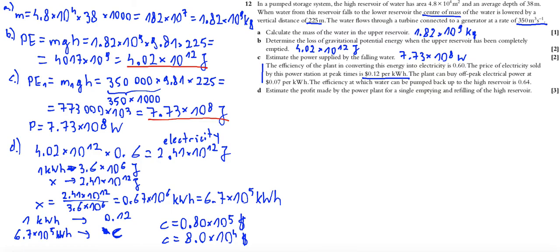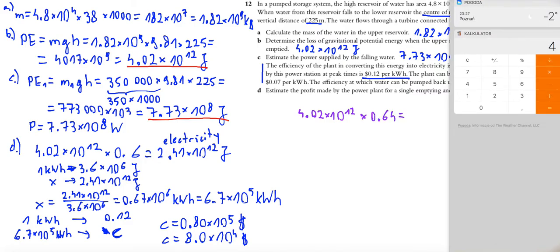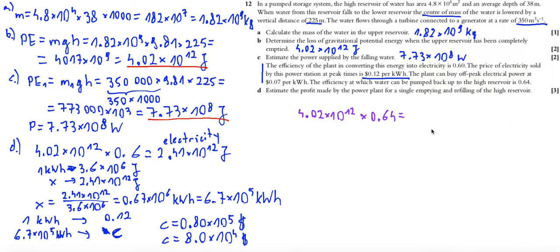We have total amount of water which is pumped up for a height of 225 meters, so 4.02 times 10 to the power of 12 joules of energy is needed, with efficiency of 0.64, which gives 4.02 times 0.64, which is 2.57 times 10 to the power of 12 joules of energy is needed.